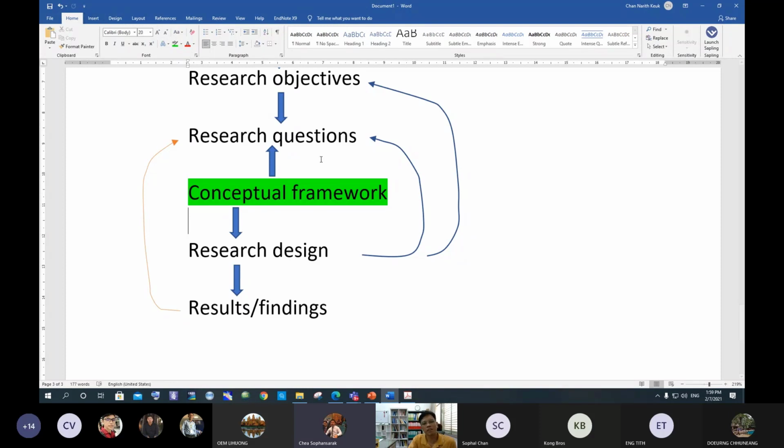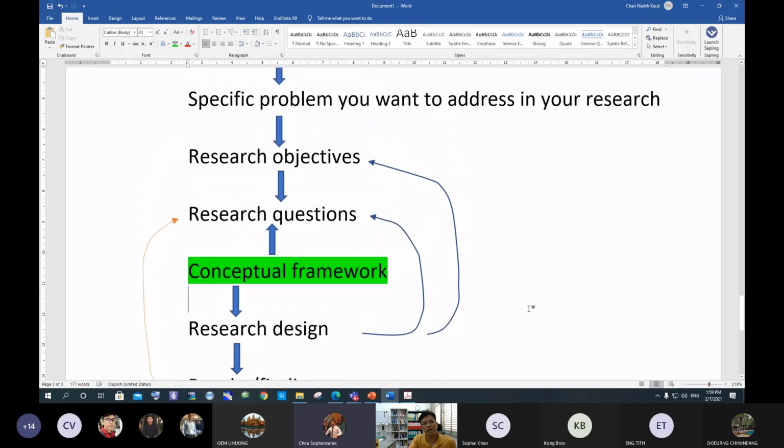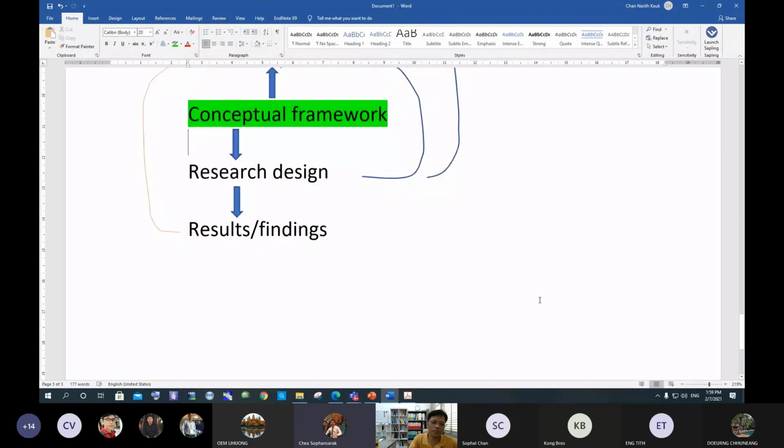Sorry, lecturer. Based on the diagram, I see that a conceptual framework is very important, as you mentioned. So could you please tell me what the elements in the conceptual framework are which we include, lecturer? Oh, okay.